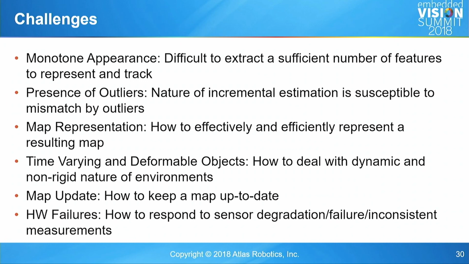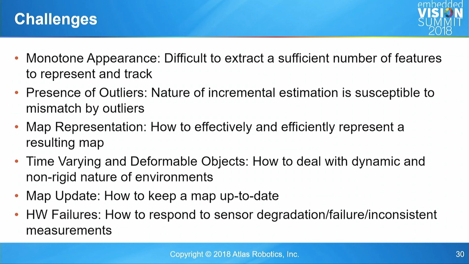Then there are outliers. Earlier I talked about feature tracking, and that tracking assumes the correspondence is estimated correctly. What if it is not? What if a point I saw in the previous frame is matched to a point in another picture which is not the same point I saw earlier?